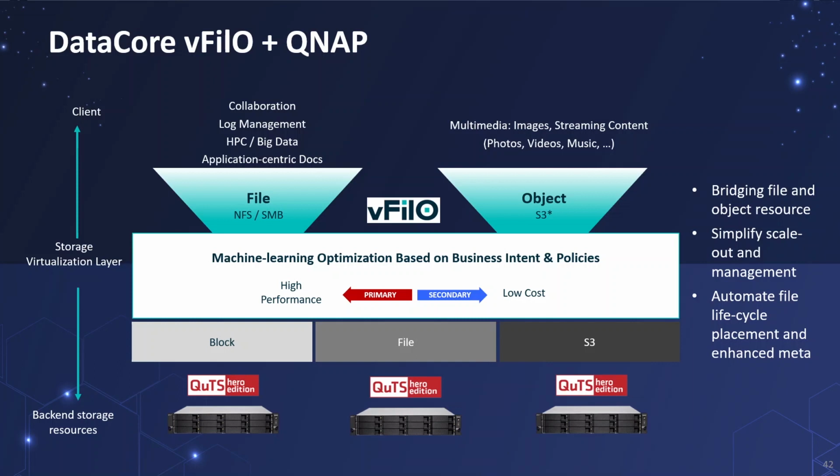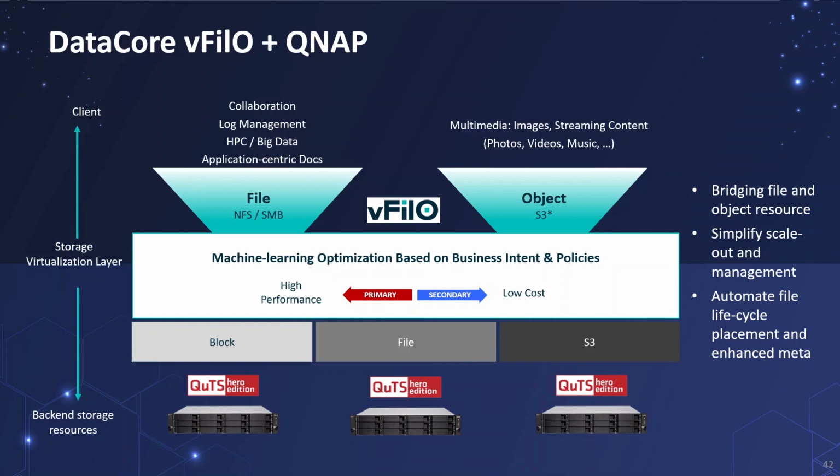So you can think of vFilO with QNAP as a bridging software platform that automatically moves files and objects in between to distribute your files or optimize your file storage economic cost.